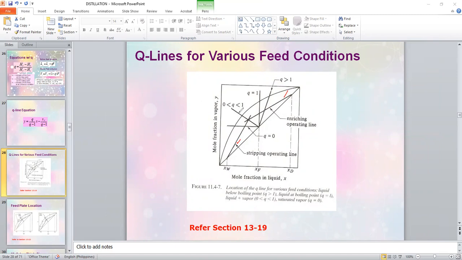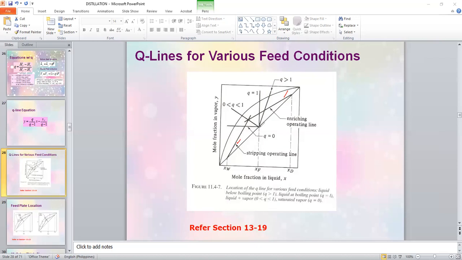So if your feed is saturated liquid, this is your feed line, Q equal to 1. If it's saturated vapor, this is Q equal to 0. If it's superheated liquid, it's this one, Q greater than 1. If it's a mixture of liquid and gas, it would be something like this.